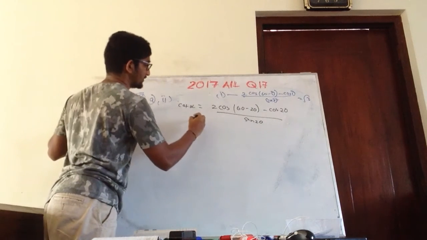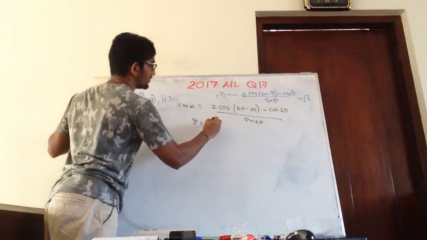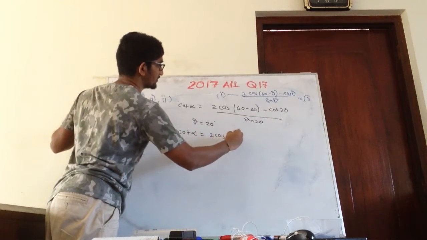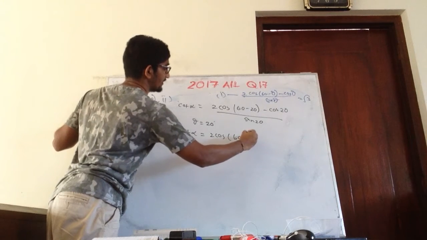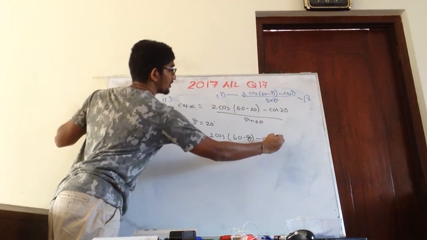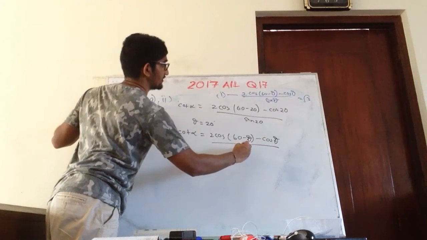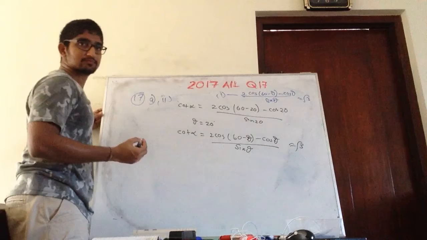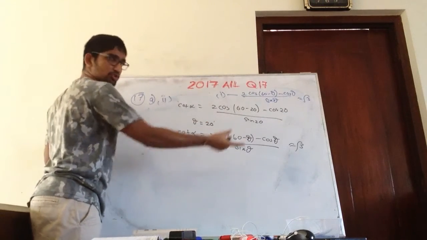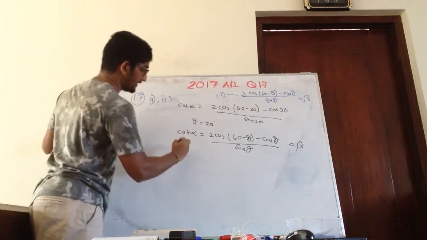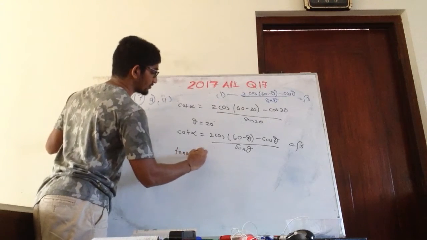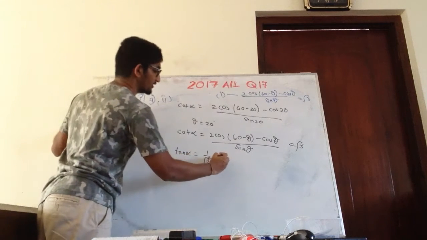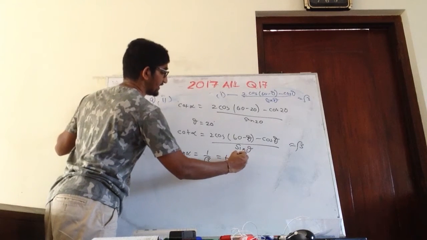So here theta equals 20. So that is cot alpha equals 2 cos 60 minus theta minus cos theta over sin theta. So this will be equal to square root 3. Right, so cot alpha will be equal to square root 3. That means tan alpha will be equal to 1 over square root 3. So this is tan 30.